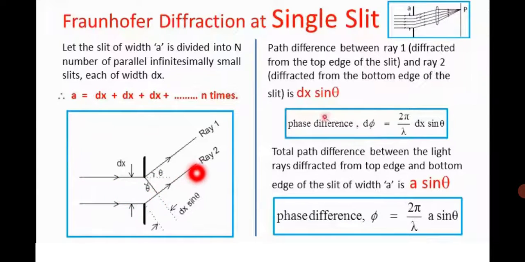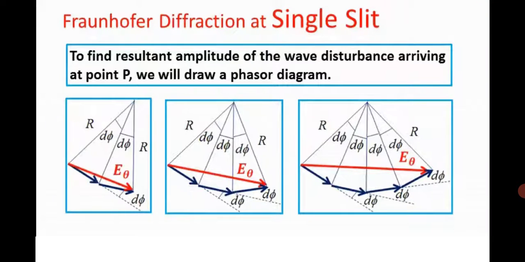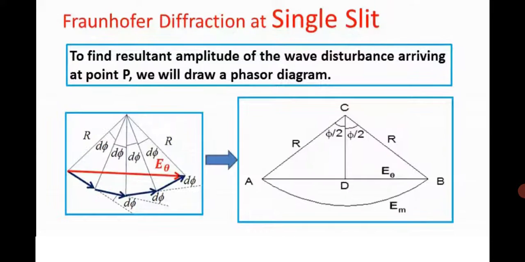is dx sin theta, and the phase difference is equal to 2 pi by lambda into a sin theta. Here we observe the distribution of the resultant amplitude of the waves arriving at the point. There is a phasor diagram of the amplitude and the angle.